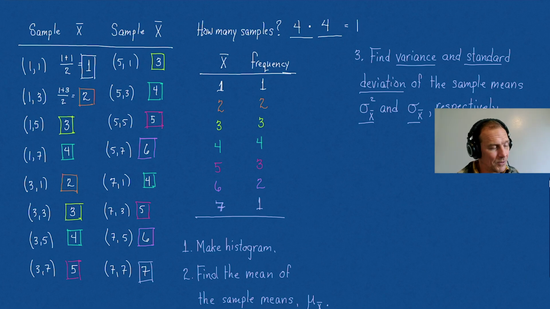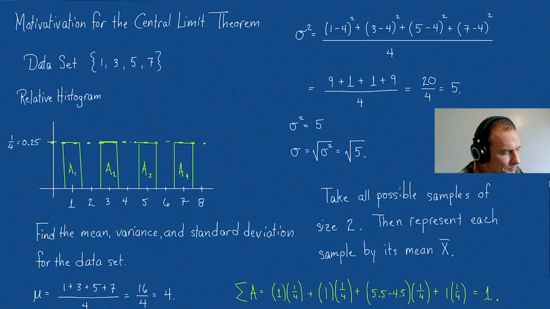So let's do the first one. Let's make our histogram. Let's go back to the original histogram. I think it makes it more impactful. So I'm going to return to where we began, and we're going to overlay our histogram.